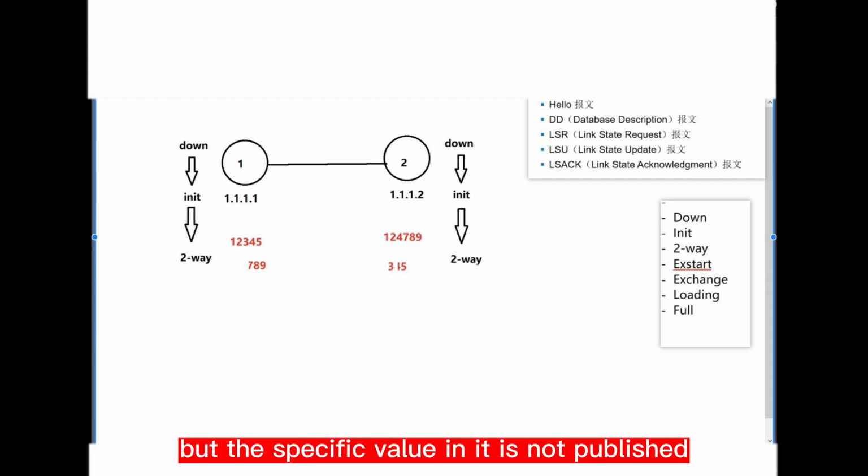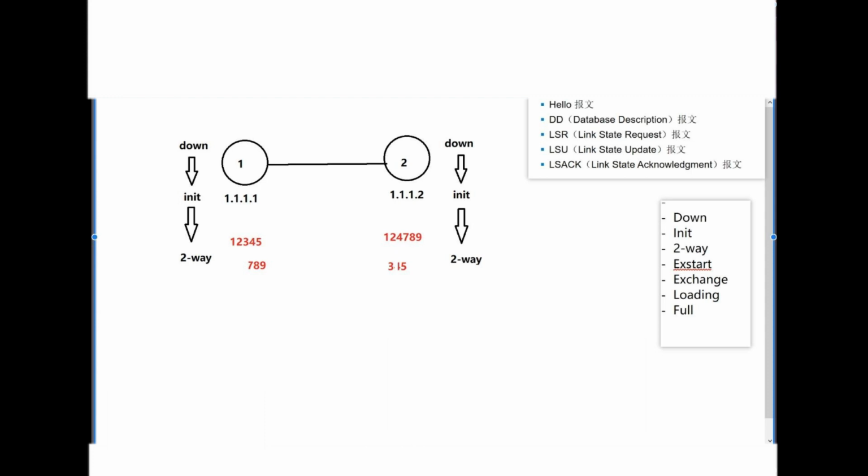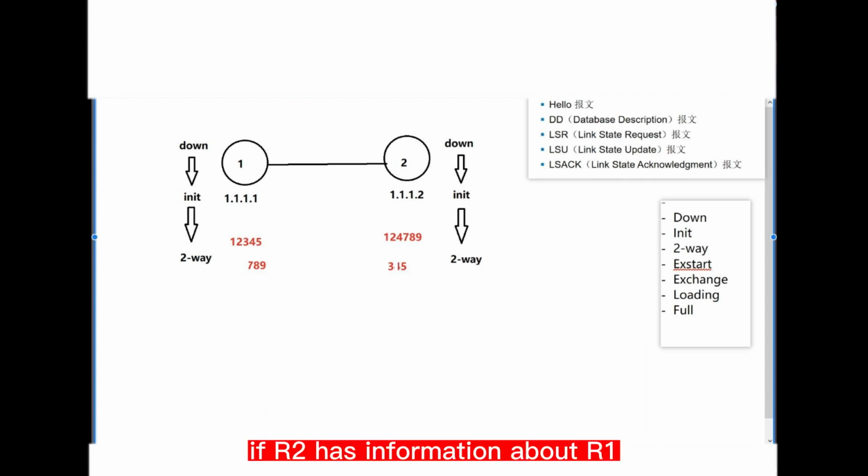The specific values in it are not published, like cost, router ID, etc. Information like this is not sent. If R2 has information about R1, then it will not ask R1. If not, it asks R1 for it.